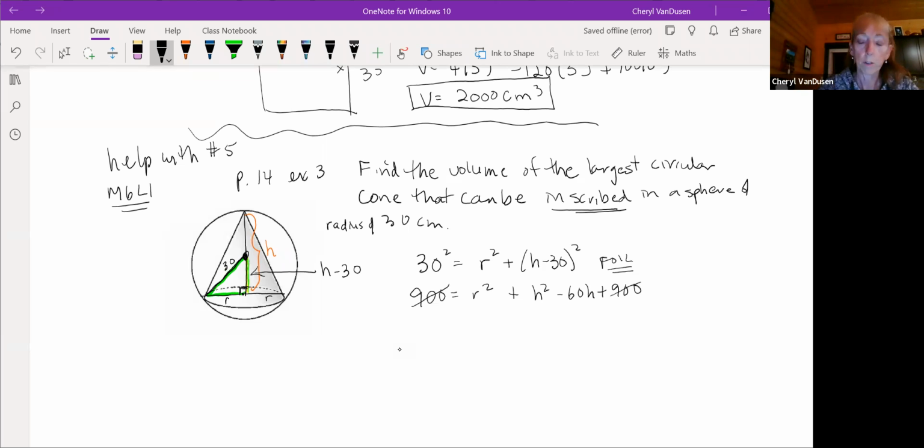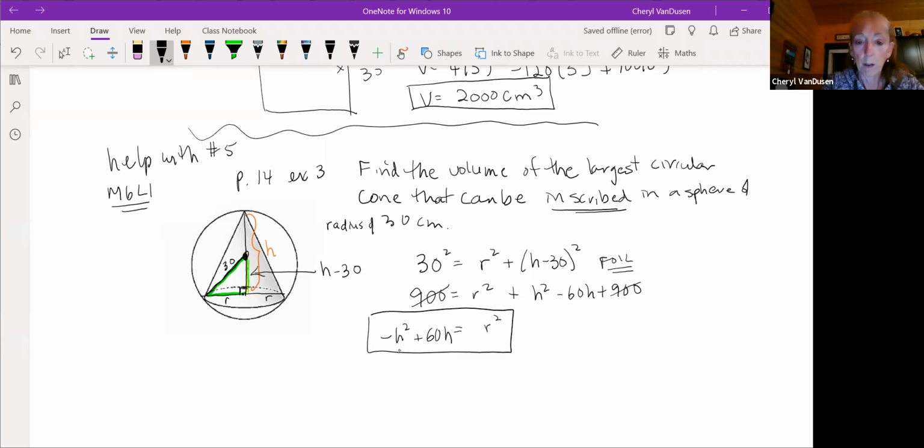What we're trying to do is get some sort of relationship between R and H that's not too ugly. So let's move the H squared over to the other side and we'll get minus H squared plus 60H is equal to R squared. Okay, so now we've got something that relates R and H.